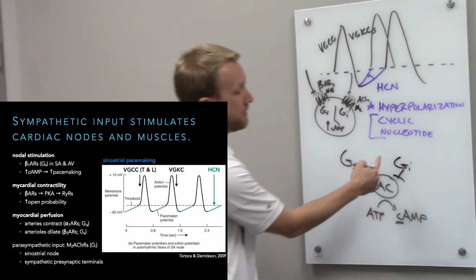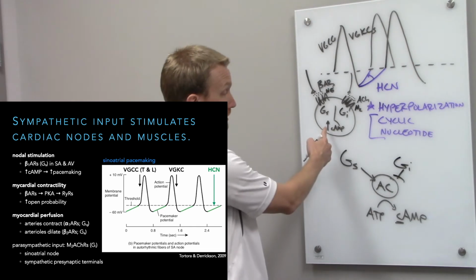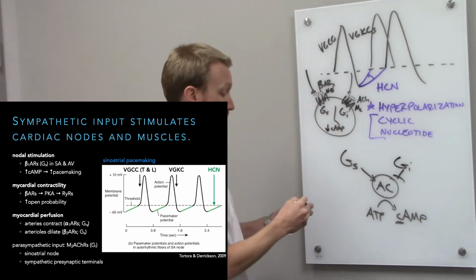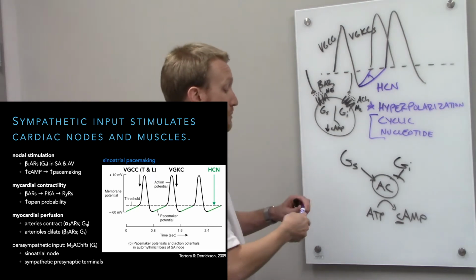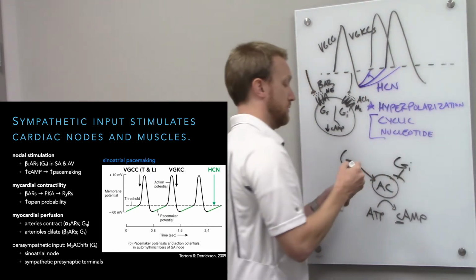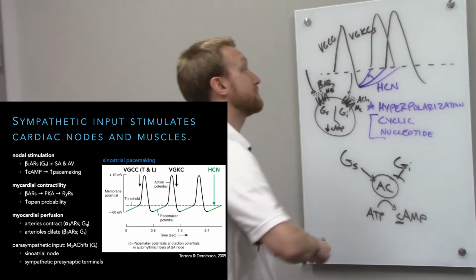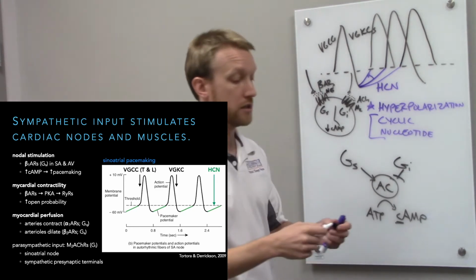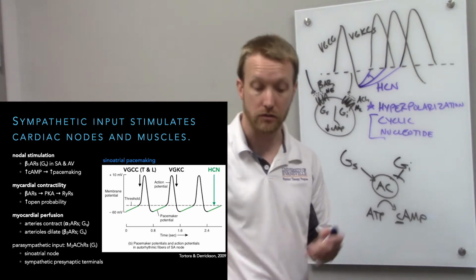Gi inhibits adenylyl cyclase, so we don't get the increase in cyclic AMP, we get a decrease. So the rate of repolarization is slower, and thus the rate of spiking is slower. So heart rate slows as a result.